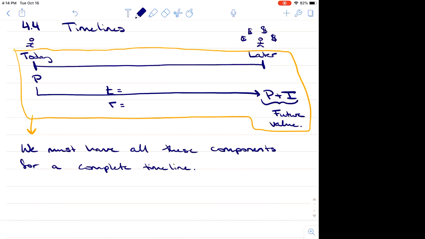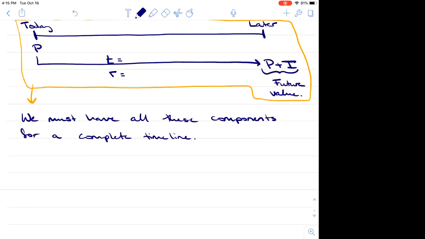I called this point later. Technically, it's called the maturity date. The questions in the textbook might use maturity date. I probably won't call it anything, but just so you know, at the end of the term, here we've got a term, and so the end date is the maturity date.